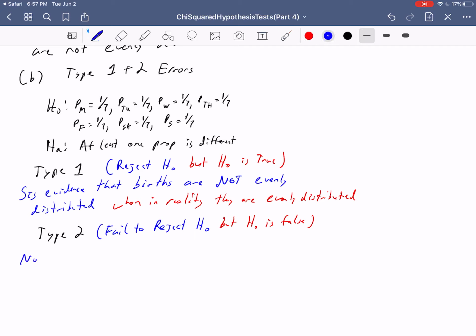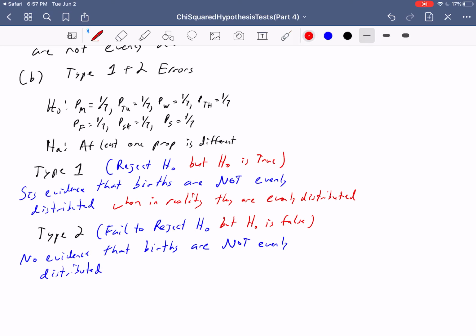So we'd say no evidence that births are not evenly distributed. And again, this double negative language, no evidence that they're not evenly distributed, is the correct language. I know it's not grammatically the best, but this is the correct statistical way to say it, because failing to reject means no evidence.